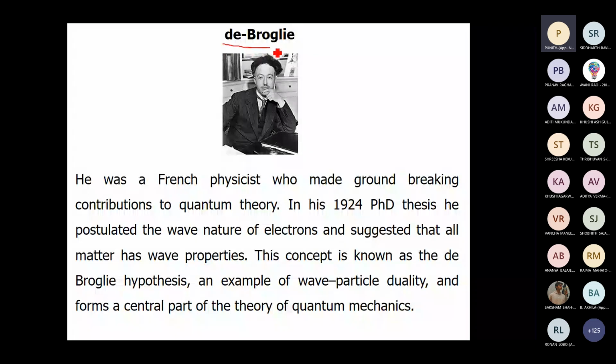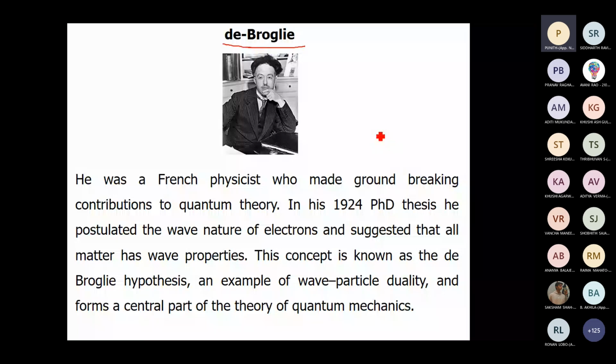He is the one person responsible for bringing the concept of matter waves, which you are going to study now, in his dissertation in 1924. In fact, he was awarded the Nobel Prize in Physics in 1929, after the wave-like behavior of matter was experimentally demonstrated.